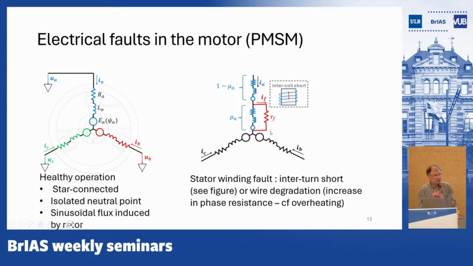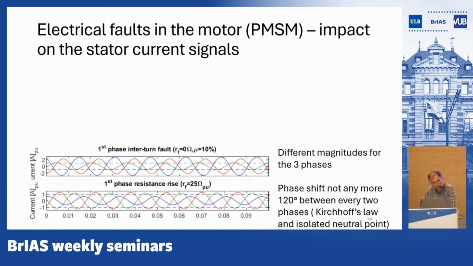That's due to the fact that the winding is made of turns, and the coil is surrounded by an insulator, but this insulator can be destroyed as time evolves, and that then causes short circuits between some turns of the coil. Another possible fault is the increase of the resistance of a coil, due to the fact that when there is overheating, the section of the coil could decrease.